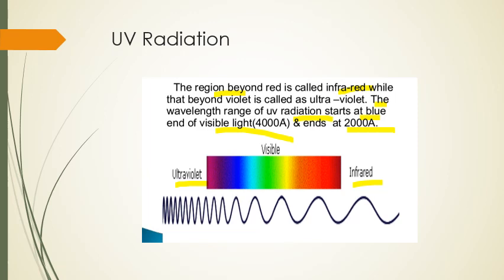In nanometers, UV is 15 to 400 nanometers, and visible is 400 to 700 nanometers. This gives the basic idea of the UV-visible radiation from the electromagnetic spectrum, which is used in the analysis.